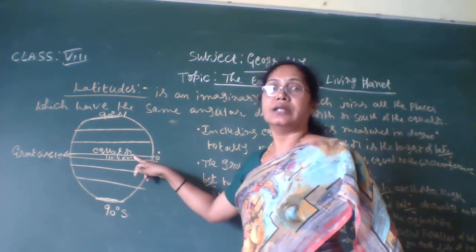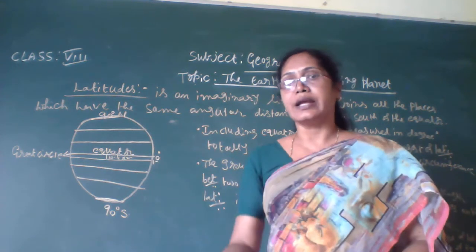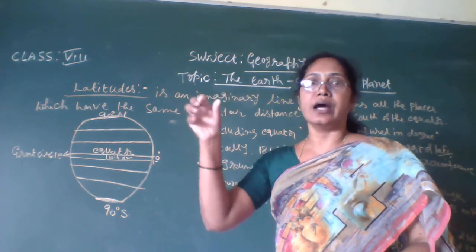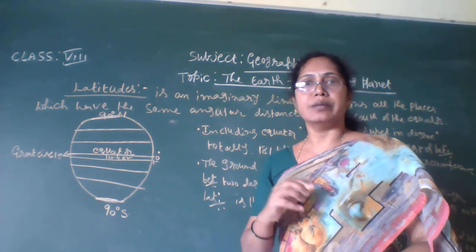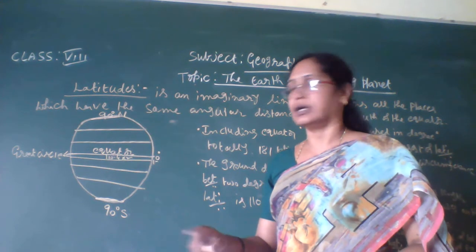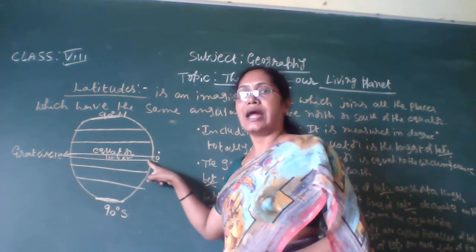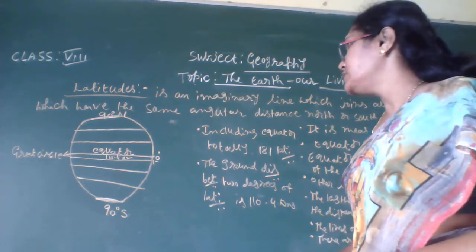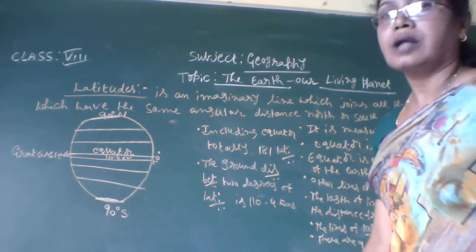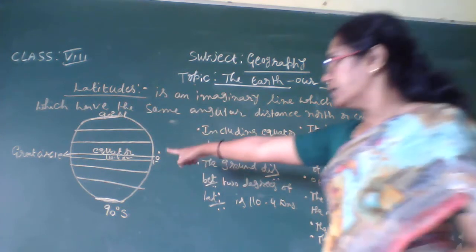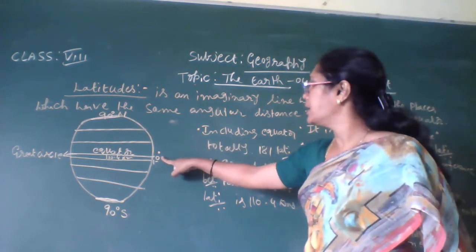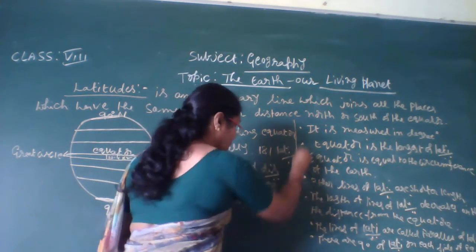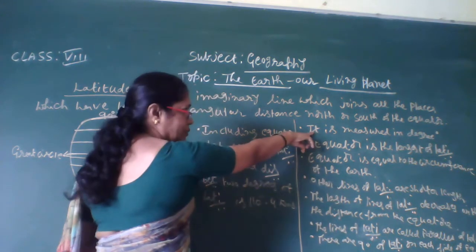That is, an imaginary line drawn on the earth that joins all the places at the same angle. Got it? Imaginary line. Then it is measured in degrees.